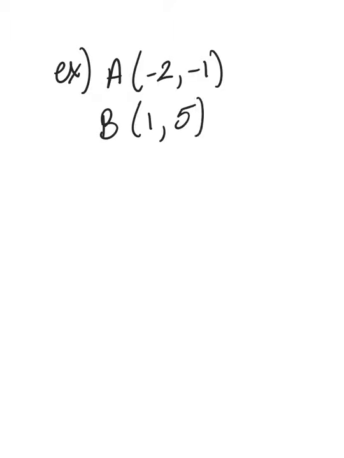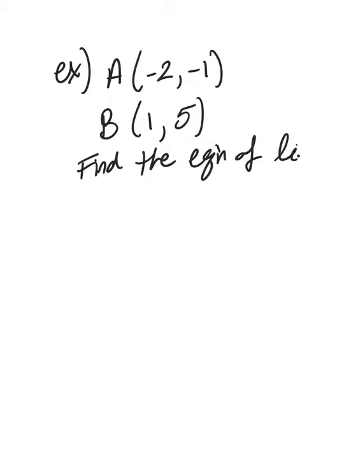And the first thing that it's going to say is find the equation of a line that goes through these 2 points. You're going to see me abbreviate a lot. EQ apostrophe N is equation. There's too many equations. I'm not going to be sitting there writing it out loud every time.